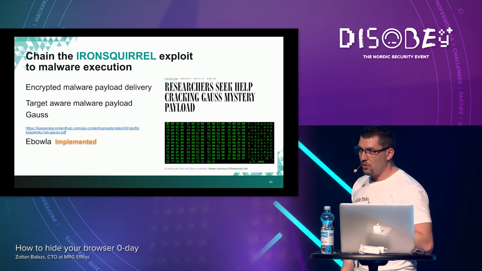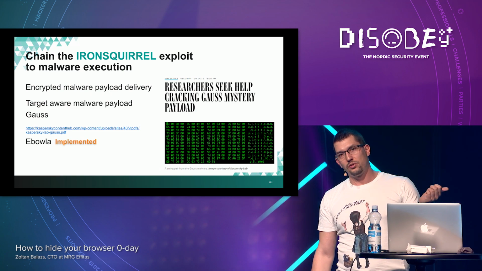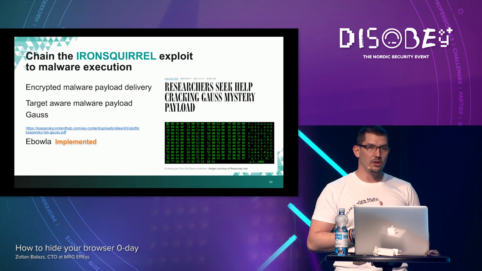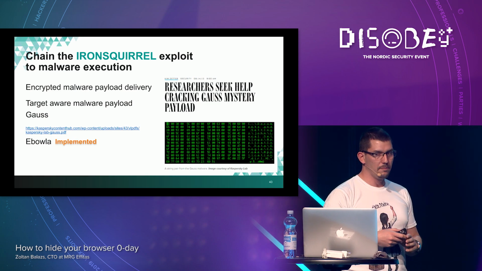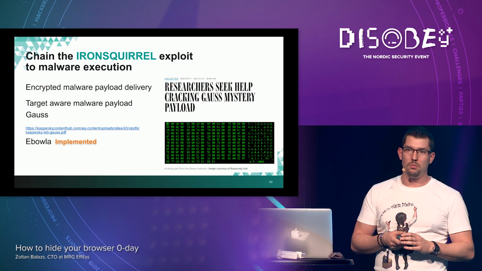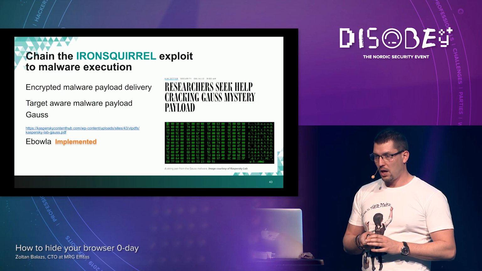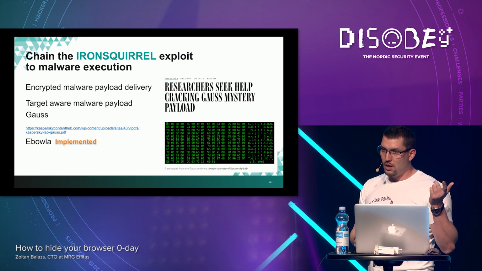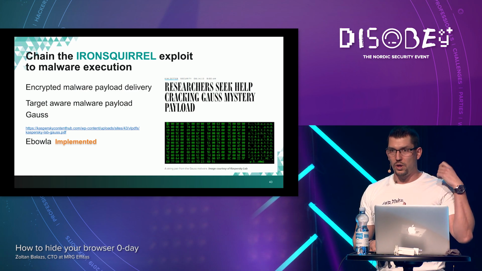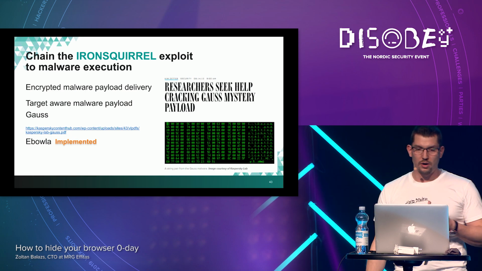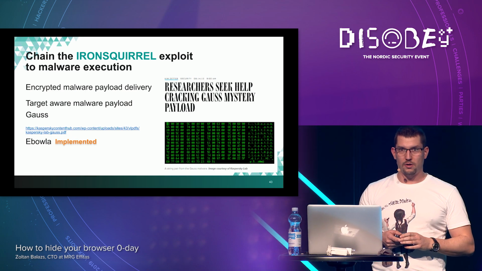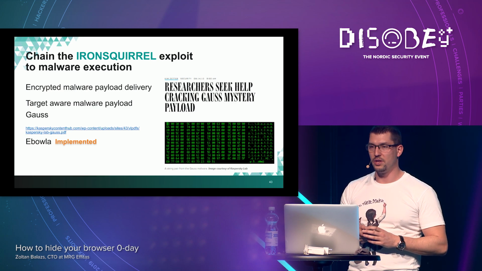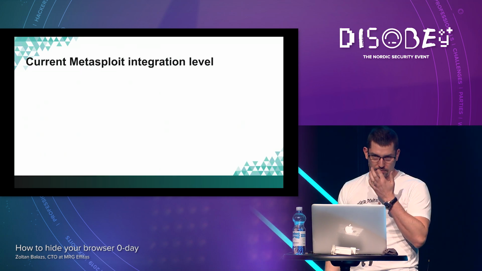But there is a very nice open source project called Ebola, and they are also using this target aware malware payload. And I just integrated the encrypted exploit delivery with this malware. So now it's more safe, basically, for attackers to deliver their malware.